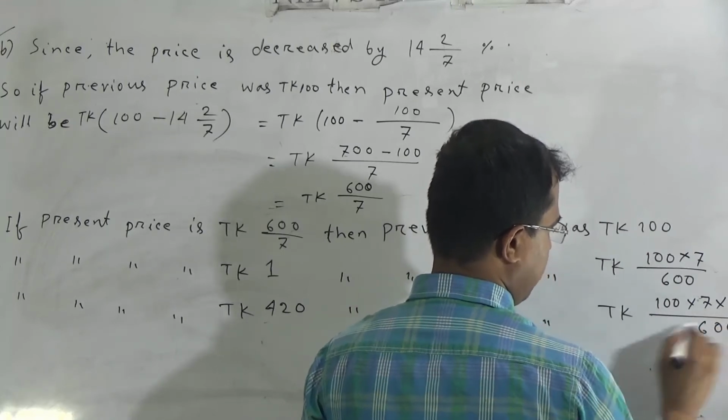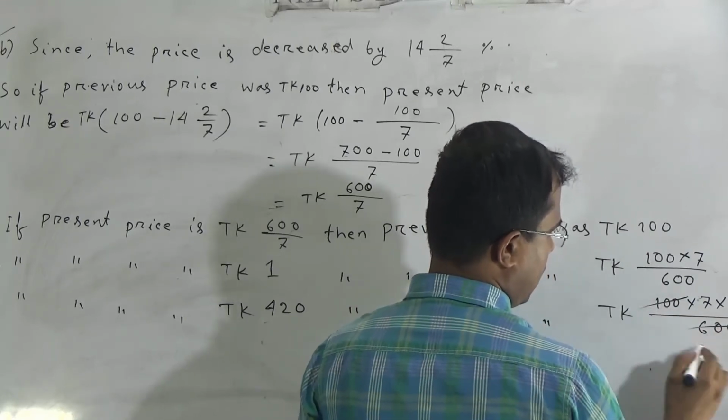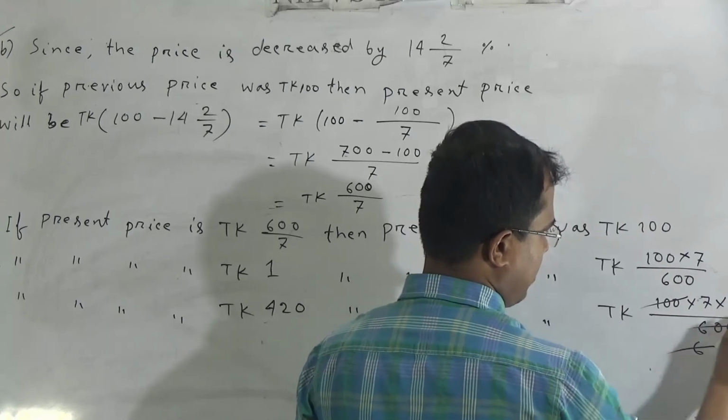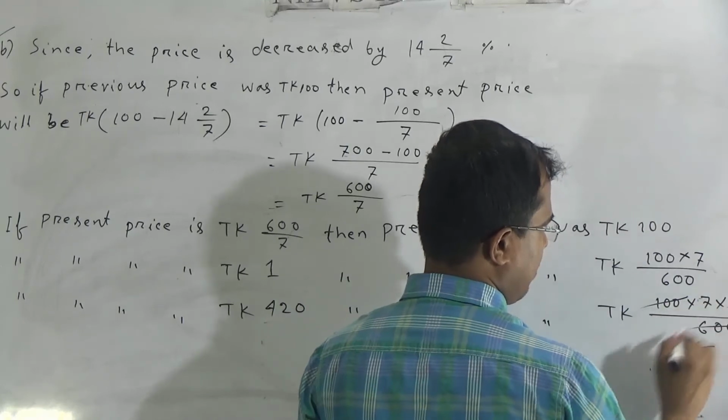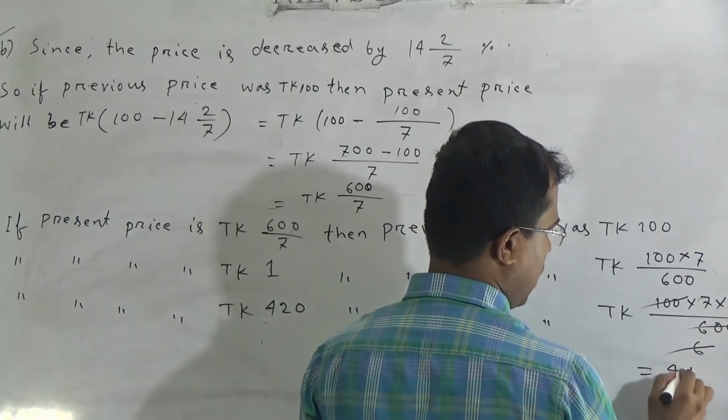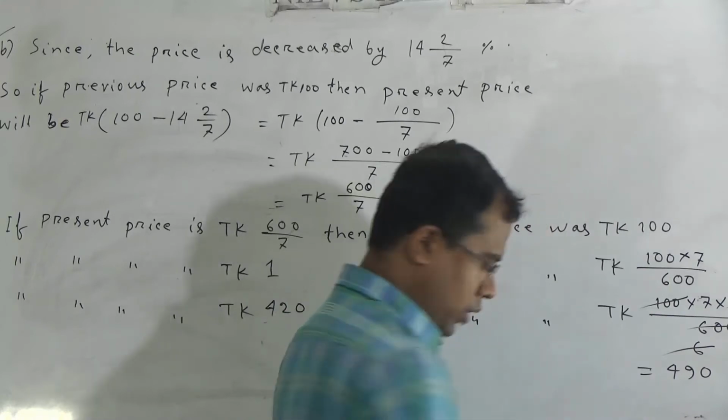If we cut, then 1 times 6 is 600 and 6 sevens are 42. We'll take another 0 here. Now 7 sevens are 49. That means 490. TK 490.